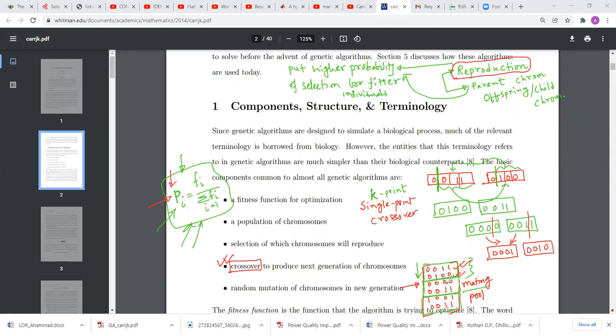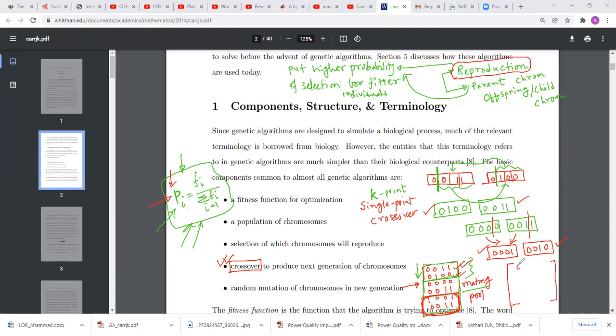For the next two, you do the same. So how many children do you have? 1, 2, 3, 4, and another 2 will come from these two. So that means you will end up with a new set of chromosomes, isn't it?